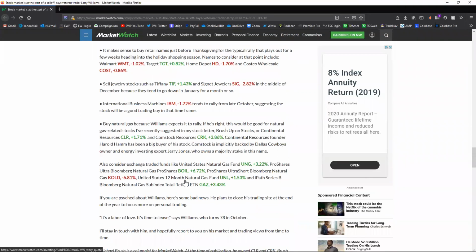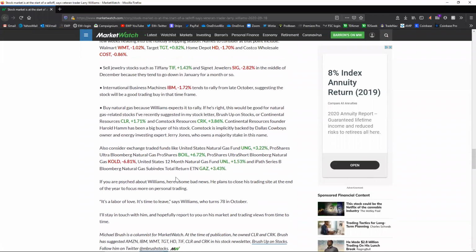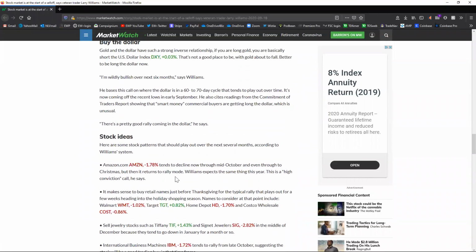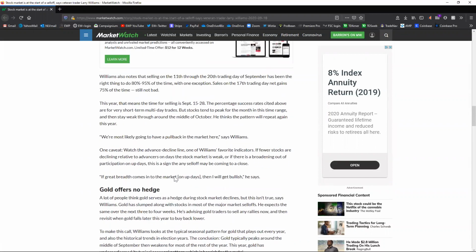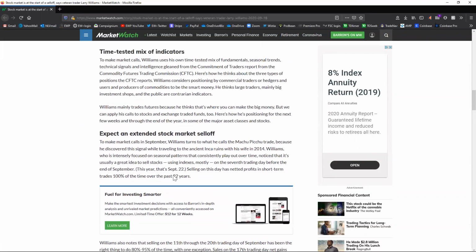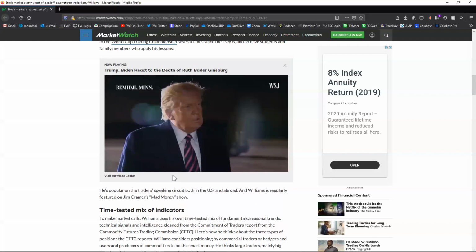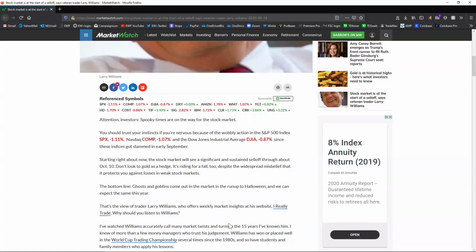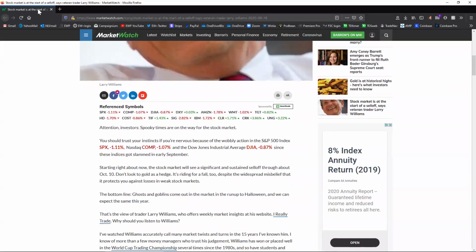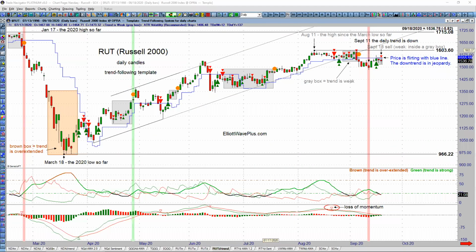I'm not sure he's necessarily wanting to stay long right at this juncture, but I don't have a way necessarily to ask him. But anyway, I thought that was a real interesting article. Almost every view that he has is pretty much in sync with what I'm saying, and a lot of the tools we use are the same.